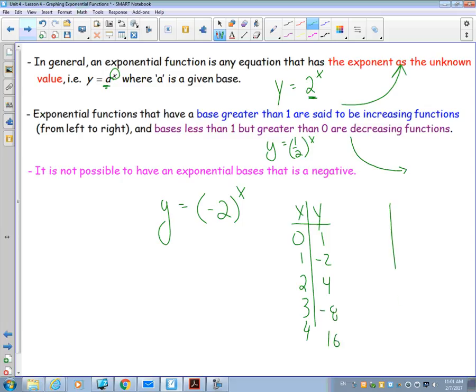And if you try graphing that, you'd be here, and then here, and then here, and then here, and then here, right? And those things would not be connected to each other. They'd be disjoint from each other. That is not an exponential curve. Our curves have to be smooth functions. And one choice or two choices, increasing or decreasing.